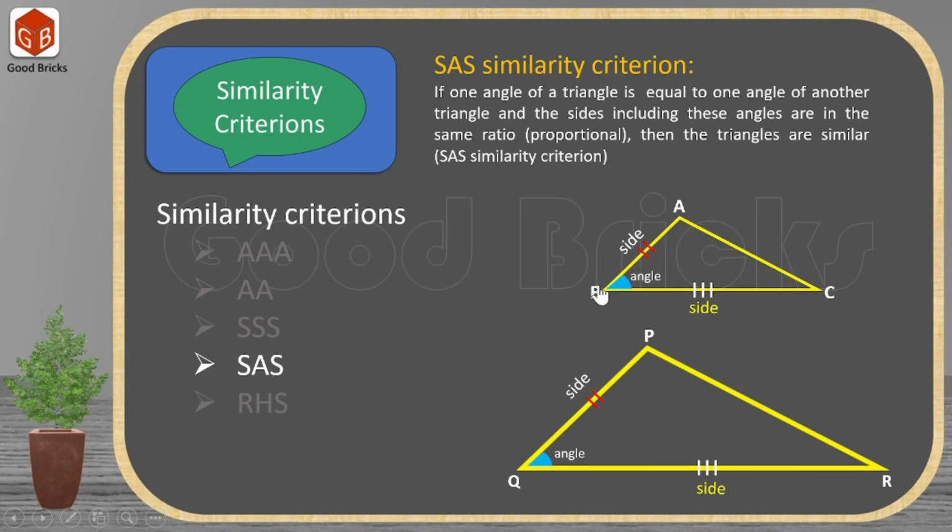As per SAS similarity criterion, if corresponding sides are in the same ratio and the corresponding angles between these two sides are equal, then we can say these two triangles are similar.